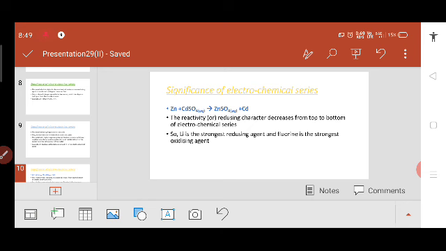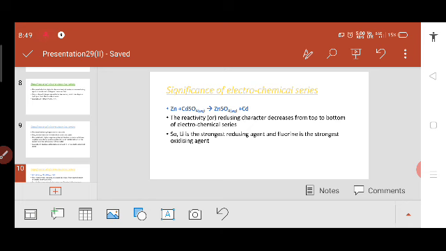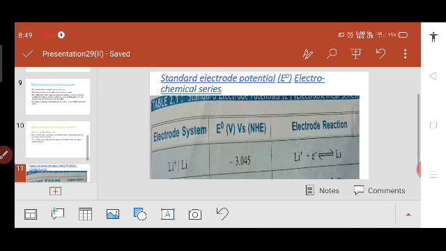Zinc plus cadmium sulfate gives zinc sulfate and cadmium. The reactivity or reducing character decreases from top to bottom of the electrochemical series. So lithium is the strongest reducing agent and fluorine is the strongest oxidizing agent.